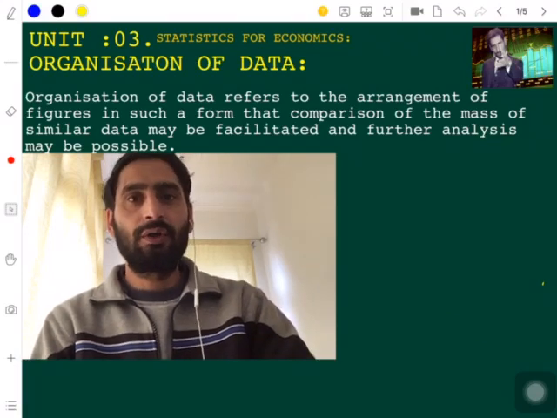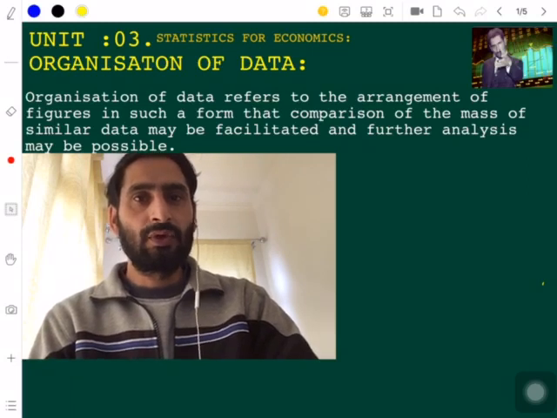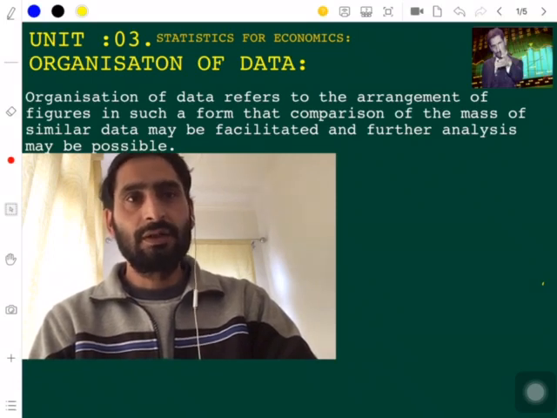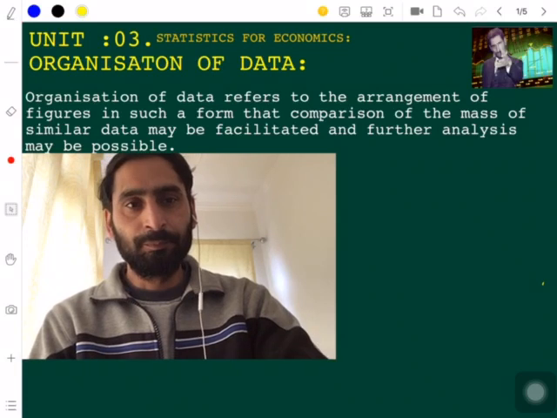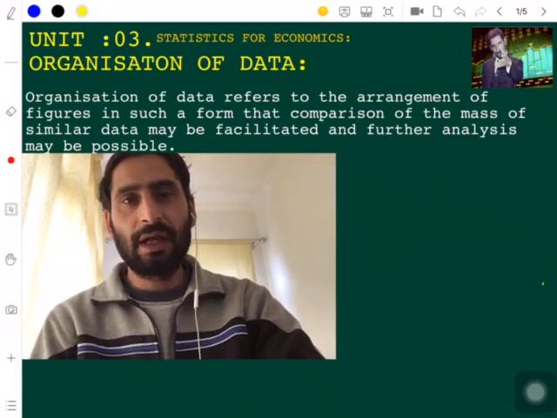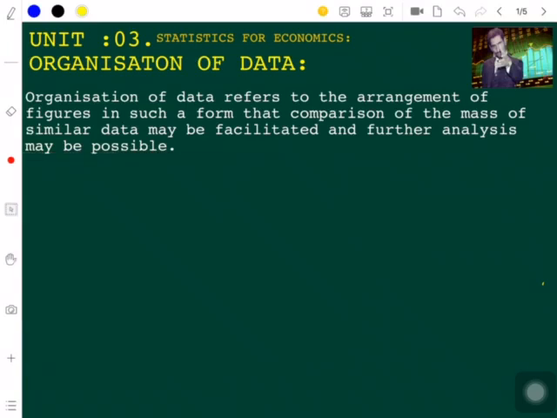I'll switch to the board now so that we may demonstrate what we are talking about. So this is your unit 3, that is organization of data. So dear students, before we proceed with the definition and other related things, we will try to understand it in a different way so that it may be of use in the days to come.